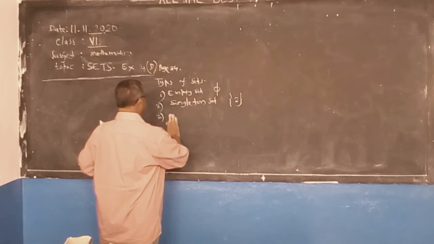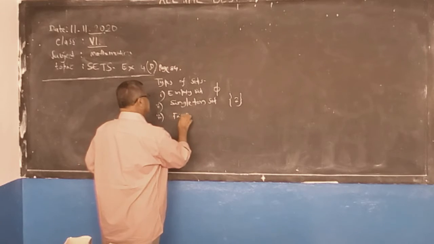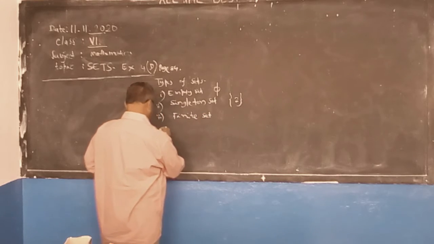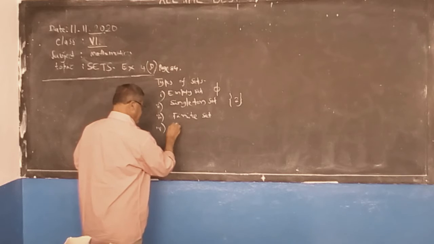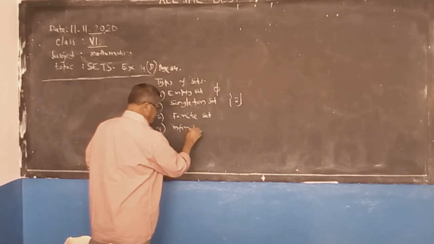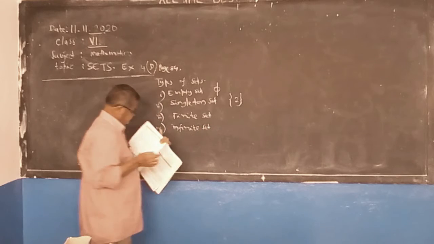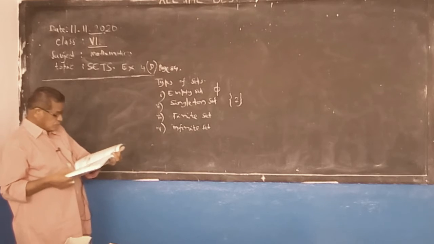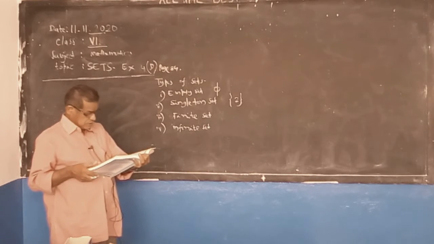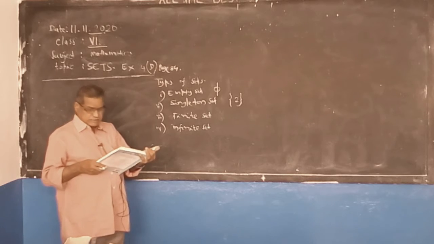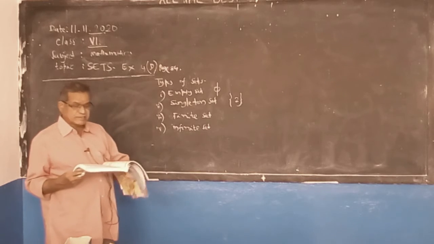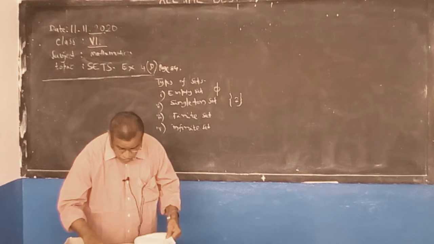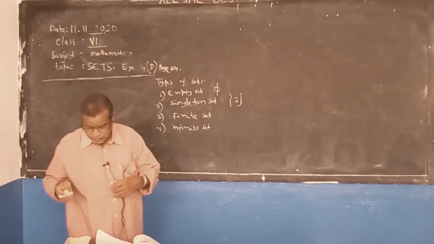Finite, infinite. Finite set, infinite set, singleton set, empty set. Now I explain about these today, and tomorrow let us go to the exercise. And equal sets, equivalent sets, joint sets, like that.